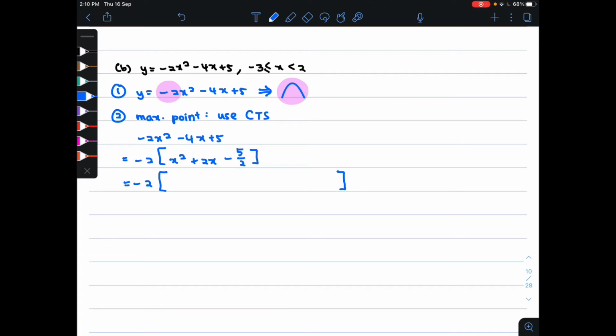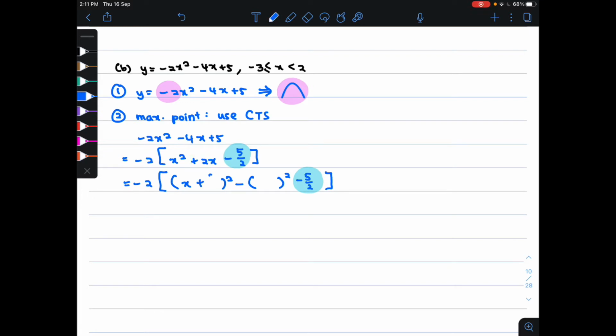As per usual, when you do CTS, we're gonna have a big bracket, square, minus a small bracket, square. And then yang belakang ni, -5/2 ni salin balik. In this big bracket here, just put x at the front. And then, take the value in the middle, which is +2, you divide it by 2.